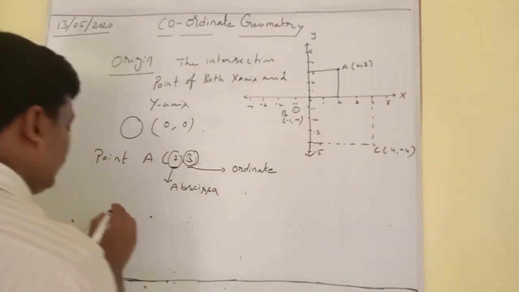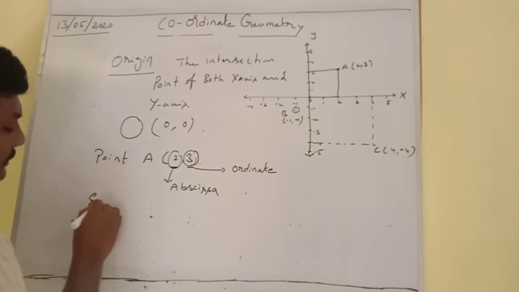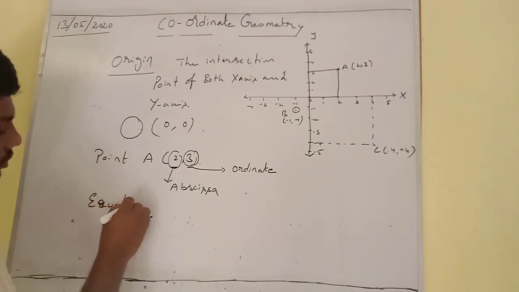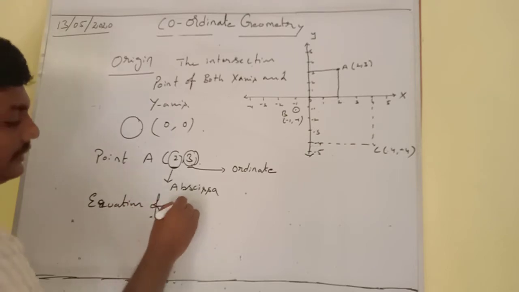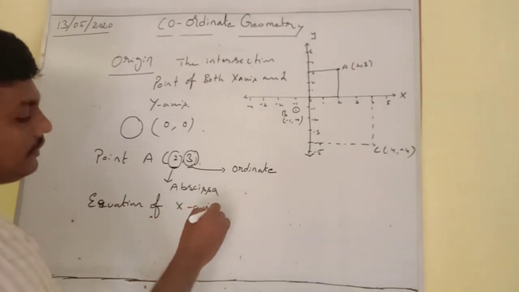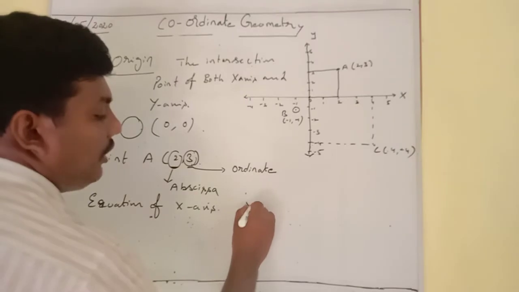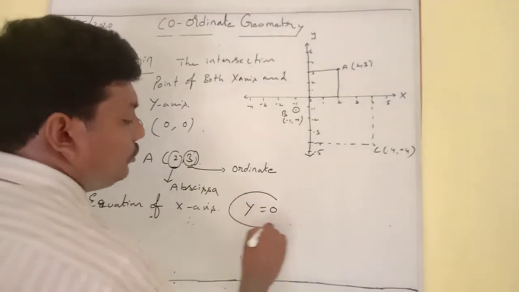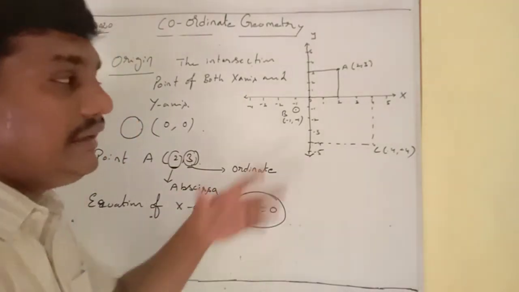So what is the equation of the x-axis? The equation of the x-axis is y equals 0.